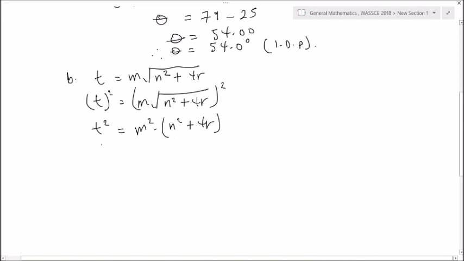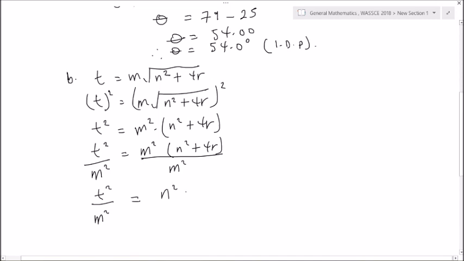Now we divide both sides by m squared. So this will give us t squared over m squared is equal to m squared bracket n squared plus 4r all divided by m squared. So m squared cancels m squared. This will give us t squared over m squared is equal to n squared plus 4r.